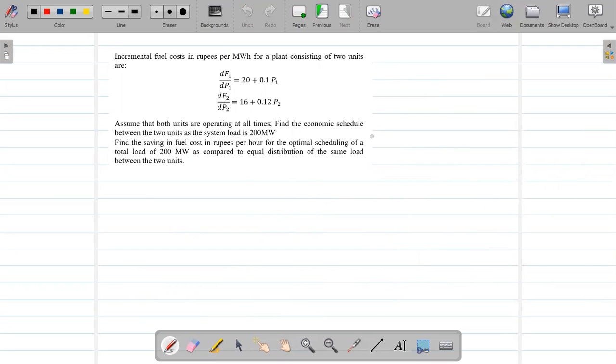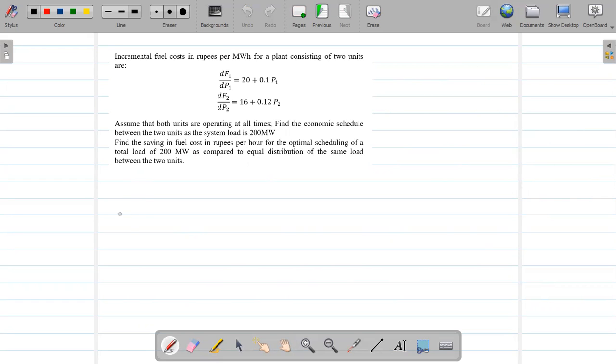You have to calculate the economic scheduling between the units when the system load is 200 megawatt. The other part is to compare it with the case of equal distribution of the same load among the two units. Equal load sharing means P1 will become 100, P2 will become 100. In which case the cost is less, you have to compare.